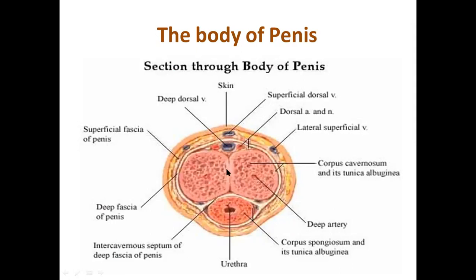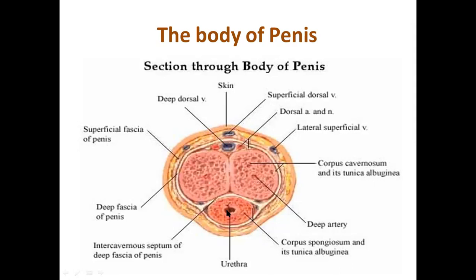Two of them are dorsal, the corpus cavernosus, and one is the lower ventral, the corpus spongiosum. One of the main things is that the male urethra travels the whole length of the penis on the ventral side, in the center of the corpus spongiosum.